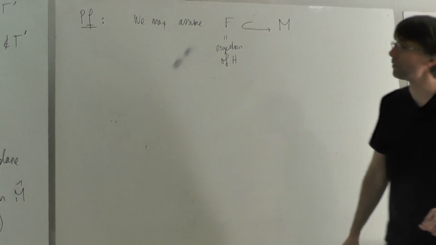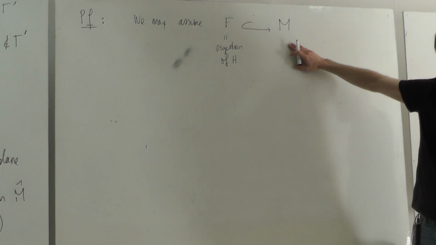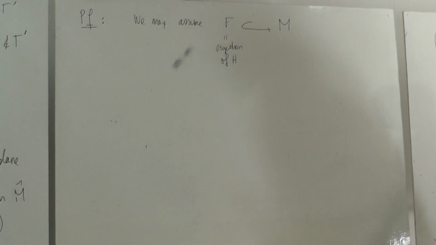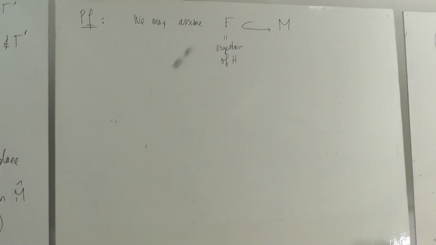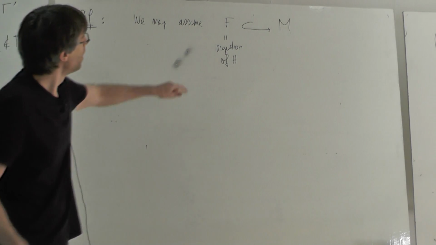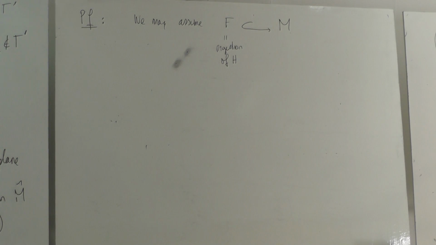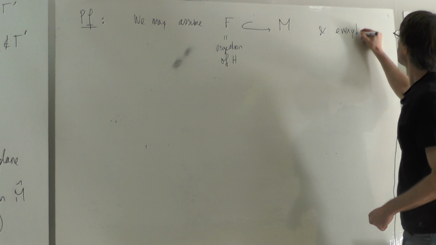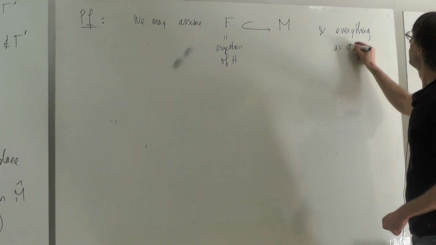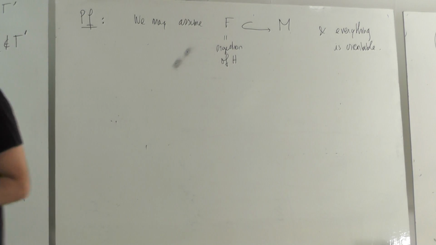We could just have passed to the finite orientation cover, but M is orientable. Maybe F is not, but if it is not, then you just cut along F and make the double, and you get the orientable cover of F inside the double of M. So we may assume that everything is orientable.